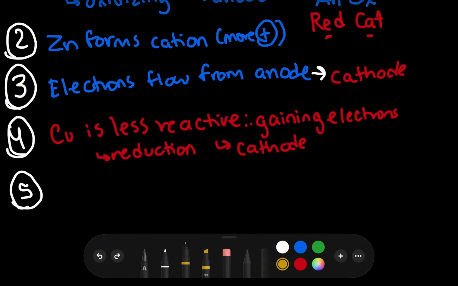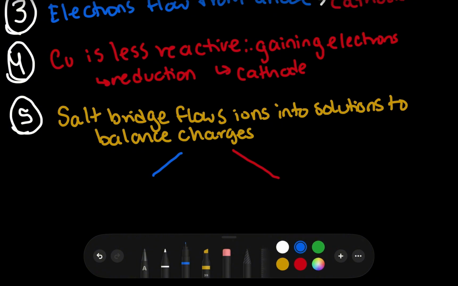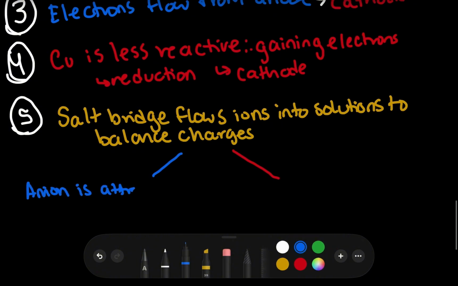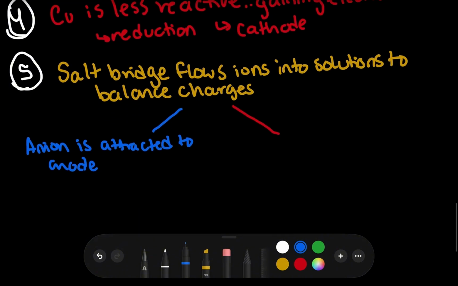So last but not least, we have the salt bridge. And what the salt bridge is going to do is it's going to allow for the flow of ions, anions, and cations into the solution, whether it's zinc or copper, in order to balance the charges. So what's going to happen is that the anion is attracted to the anode. So an anion, which is a negative ion, is going to attract to the anode, which is zinc.